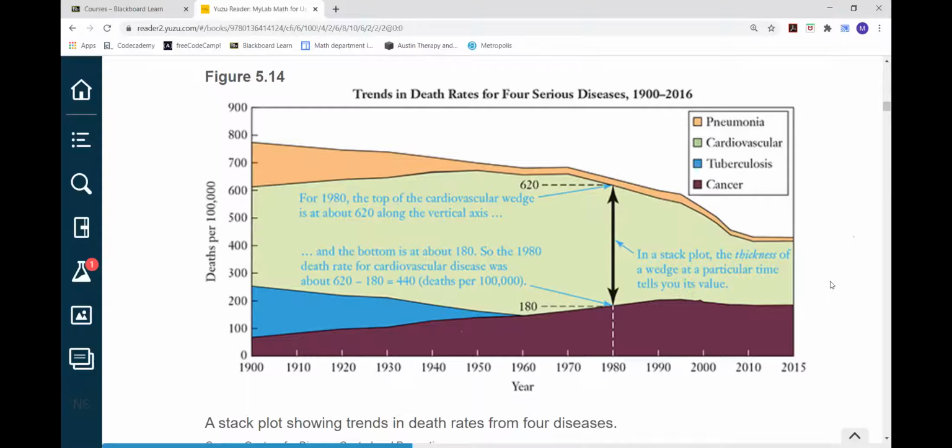Based on the trends in this graph, speculate on which of these four diseases will be responsible for the most deaths in 2050. Explain. It's kind of tricky. I think there's one that stands out a little bit. Heart disease? But it looks like cancer might be slowly on the rise. That's what I would say, because heart disease looks like it's on its way out a little bit.